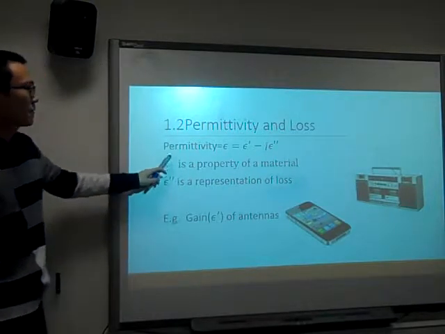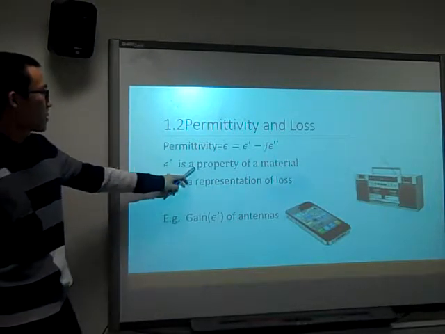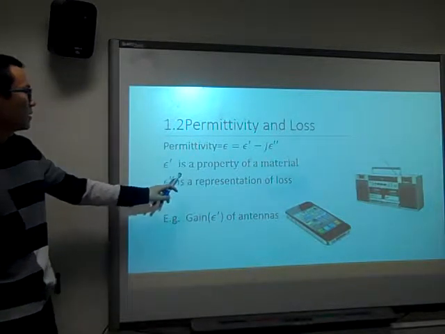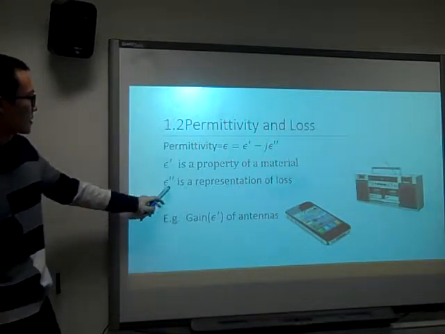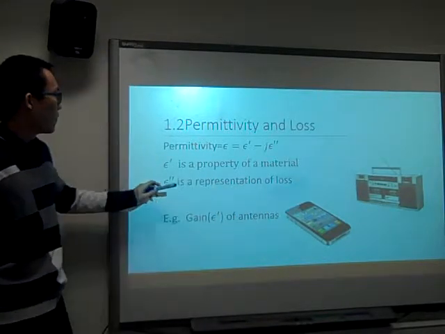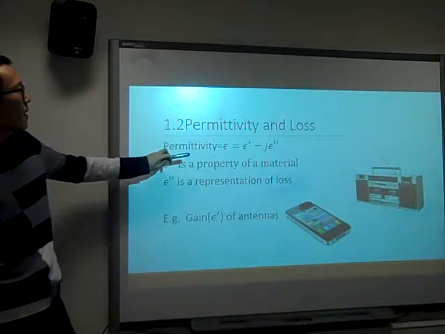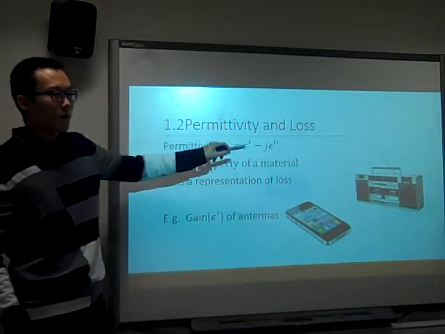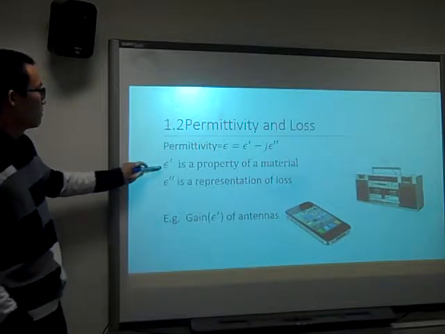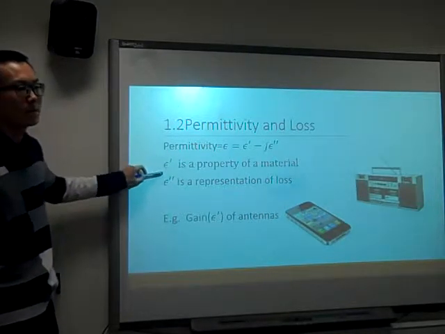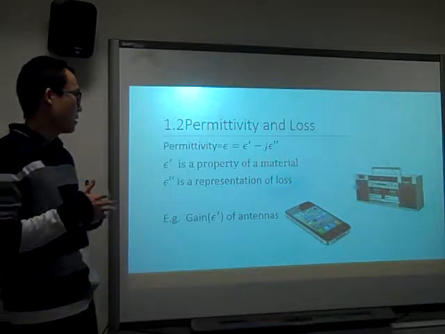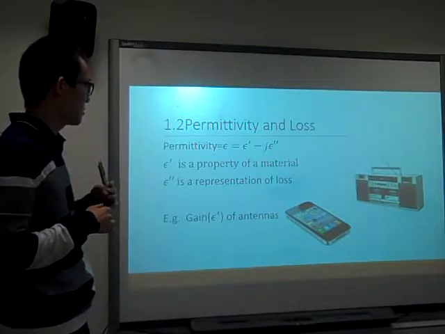The real part of the permittivity is a property of a material, and the imaginary part of the permittivity is a representation of loss. So we can use the imaginary part to evaluate the loss, but the real part is much more complicated.